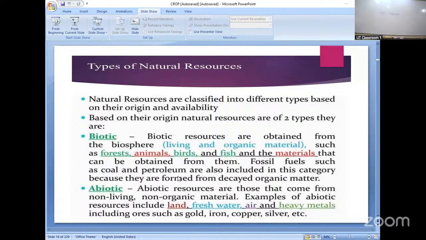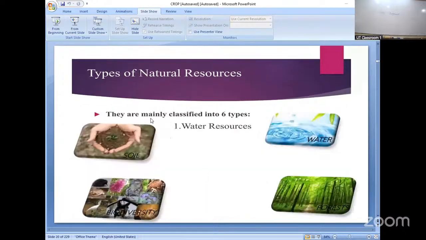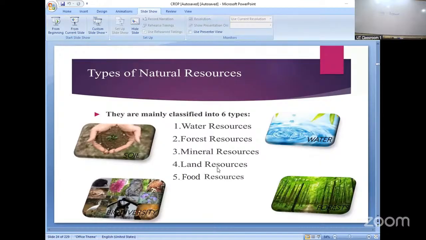These are abiotic, and on the basis of their availability, natural resources are of six types: water resources, forest resources, mineral resources, land resources, food resources, and energy resources. Let us take all these one by one.